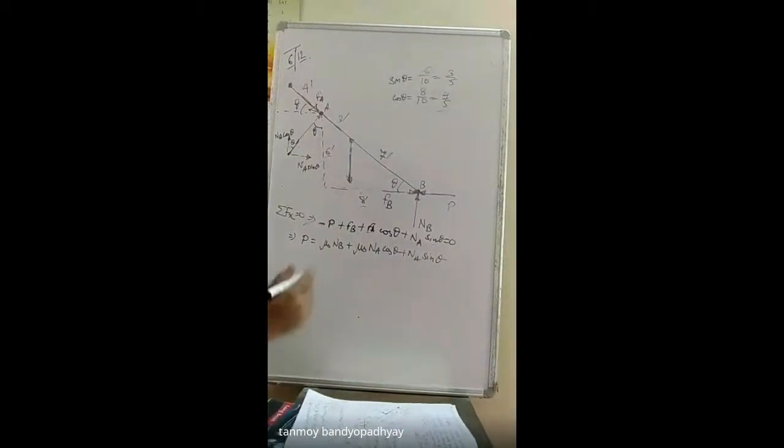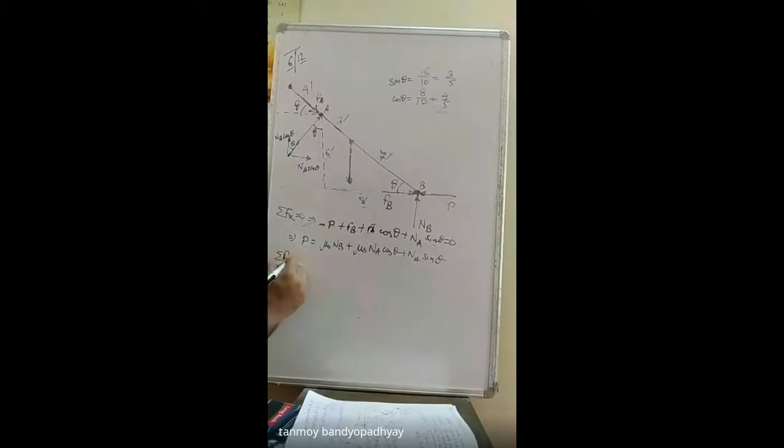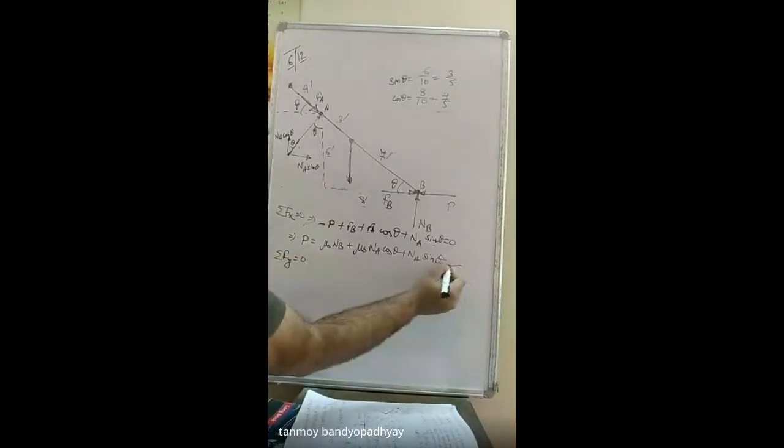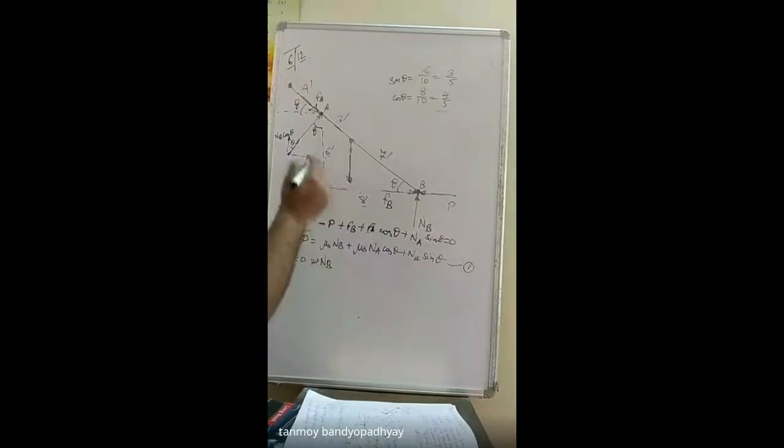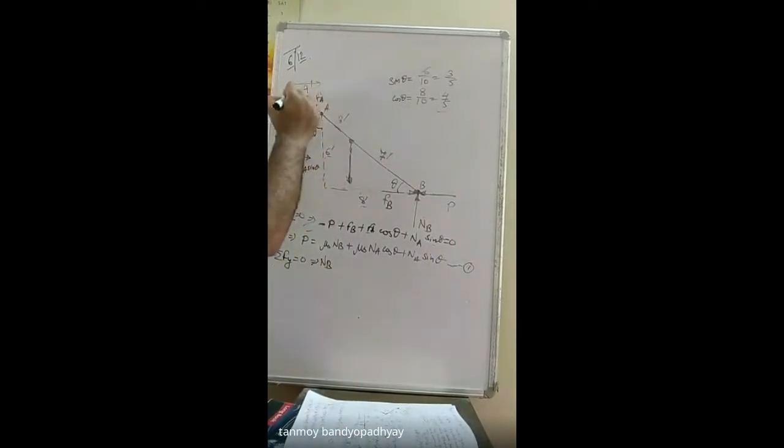So we have to go for another equation, so sigma fy is equal to 0, so this is the equation we need for calculation of P. So sigma fy is equal to 0, so that is এইখানে we are having NB. Also, in this point we are having FA, which has two components. So this is FA cos theta and the vertical component is FA sin theta downwards.